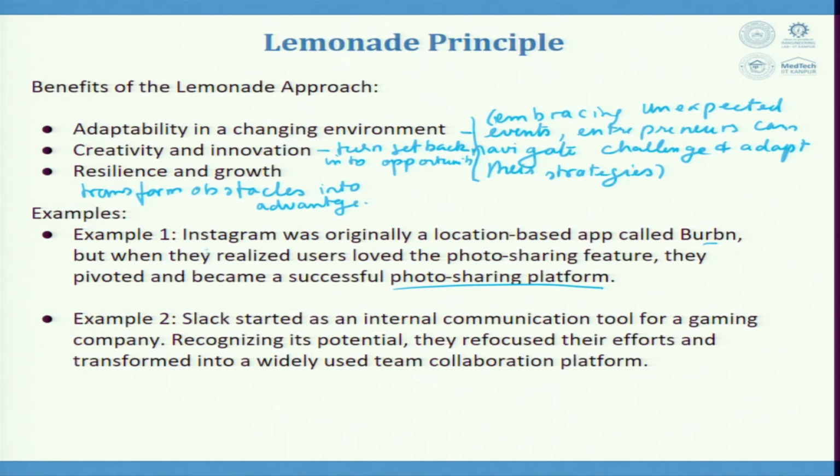This is adaptation. In the same way, Slack started as an internal communication tool for a gaming company. Recognizing its potential, they refocused their effort and transformed into a widely used collaborative platform for teams. Instagram also worked on the lemonade principle.